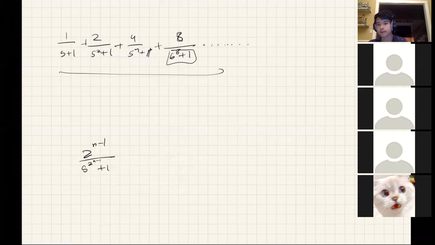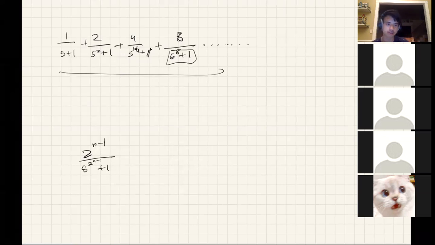So where do you go from here? Because we can't factor this denominator very easily, we can't really use partial fraction decomposition yet. We have to be a little bit more clever.